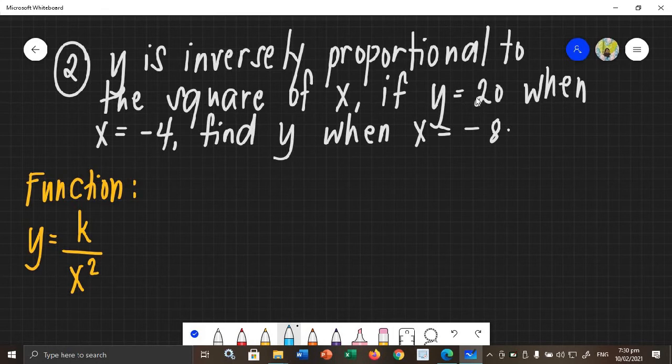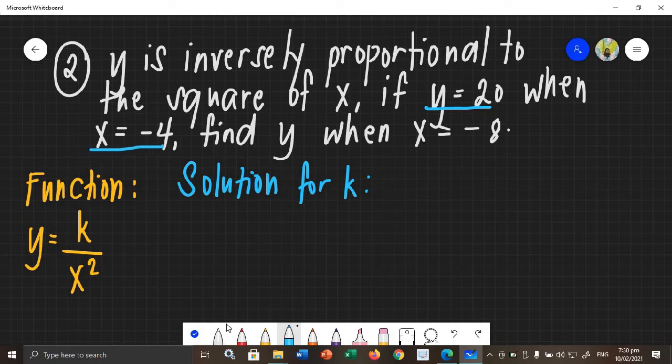Here, napansin nyo, wala din value yung k. So, hindi natin masosolve yung value ni y hanggat walang value si k. Therefore, una nating solving yung value ni k. And for us to solve the value of k, we need to use the first values of x and y, which is these two, 20 and negative 4.